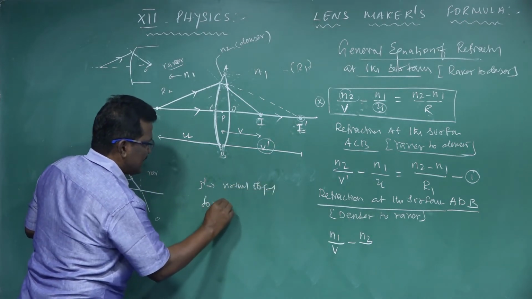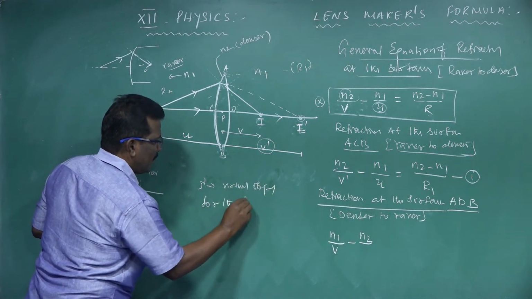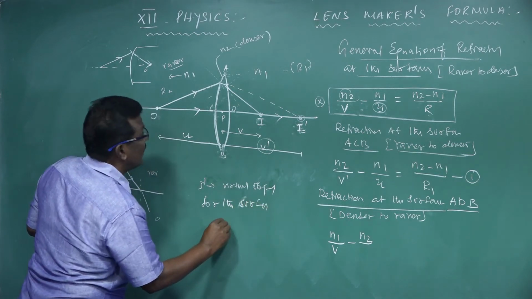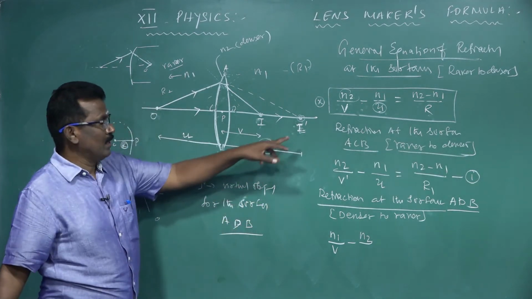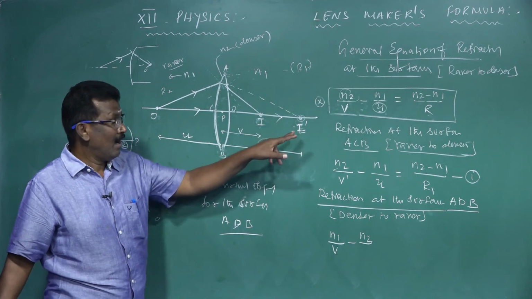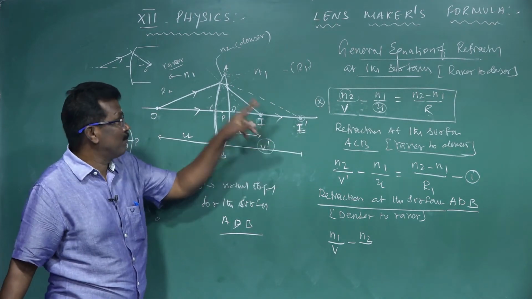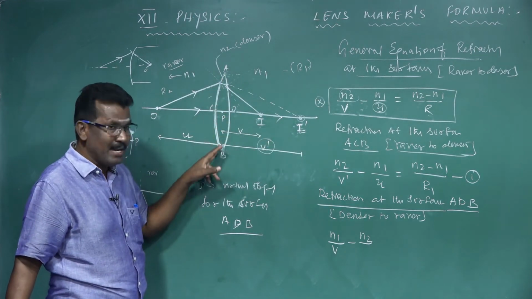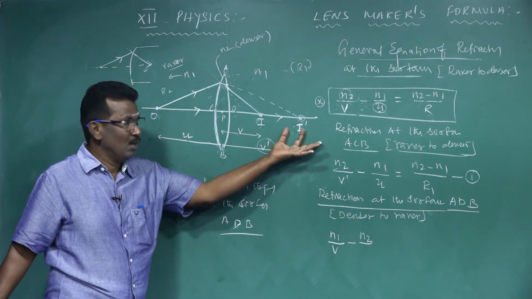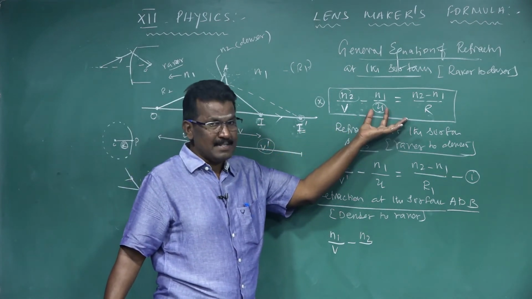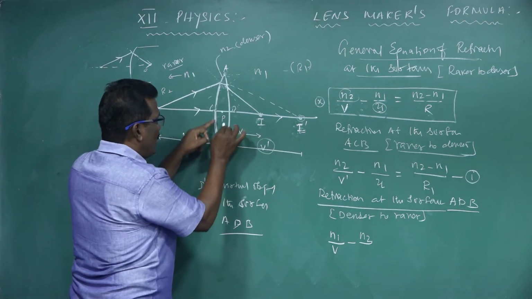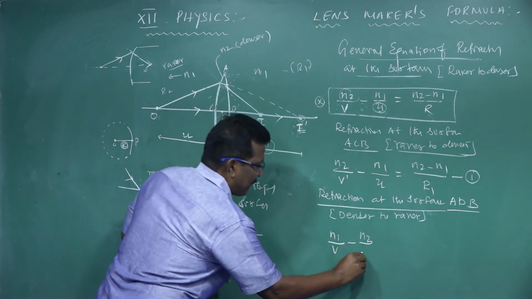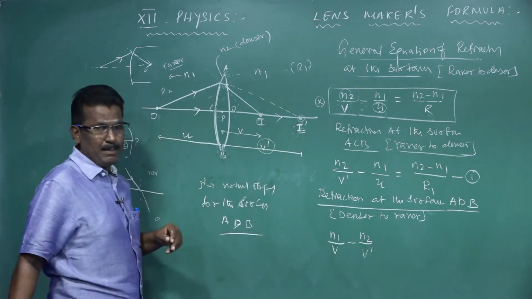Object for the surface ADB. So I prime acts as an object, that's a virtual object, for the surface ADB. So this is a virtual object. U represents object distance. Here the object distance after refraction at ADB is from O to I prime, V prime.